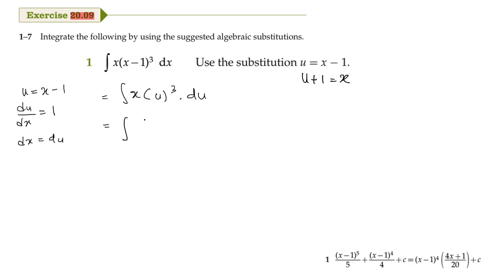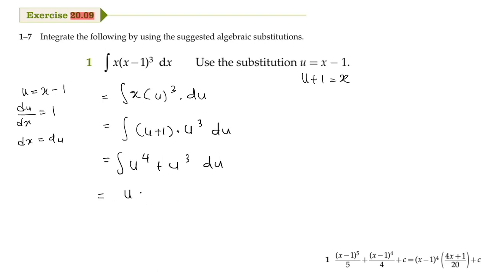So substitute your x over here with u plus 1 times u to the power of 3 du. So now your integrand is in terms of u. Expand, you will have u to the power of 4 plus u to the power of 3 du. Now we can integrate.